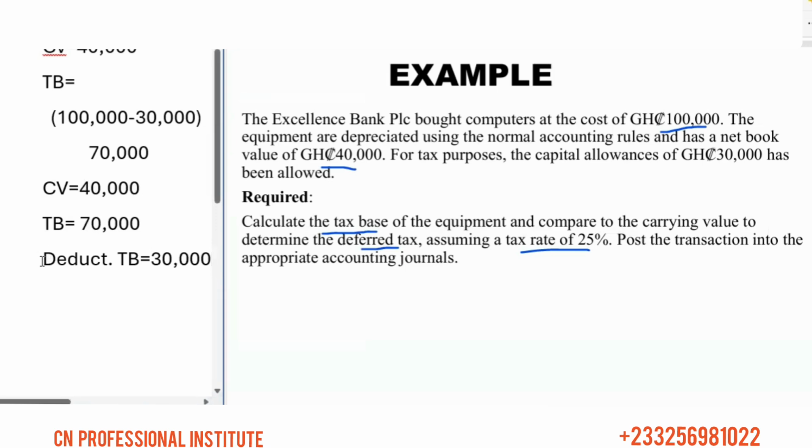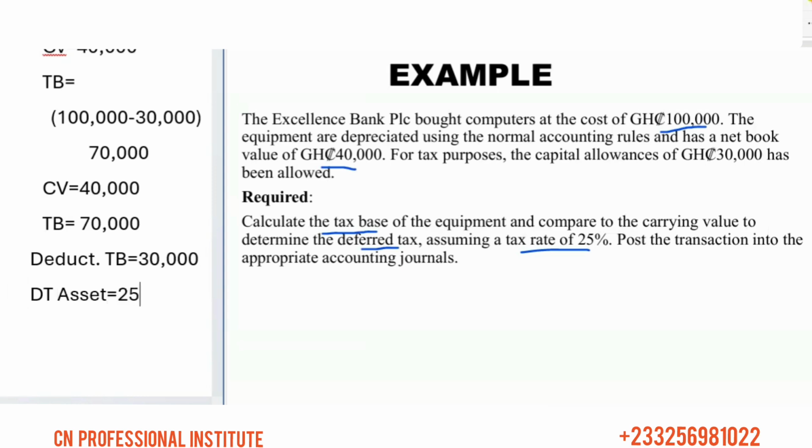So here we have a deductible temporary difference. Why is it deductible? Because the current value is less than the tax base, or the tax base is greater than the current value. So what will be our deferred tax asset? We said that would be the tax rate on the temporary difference.